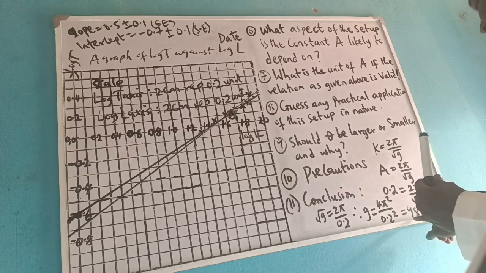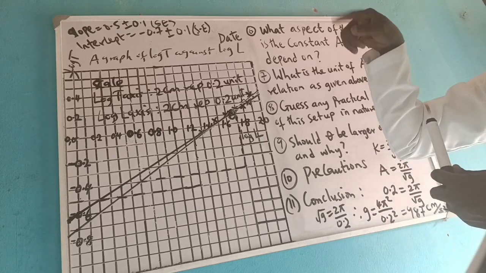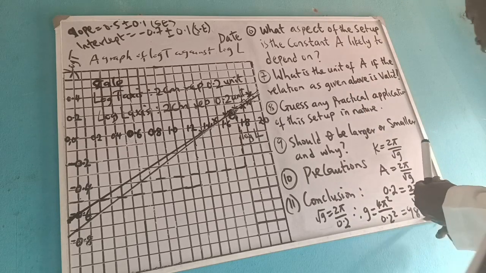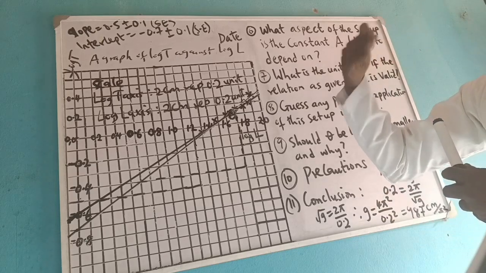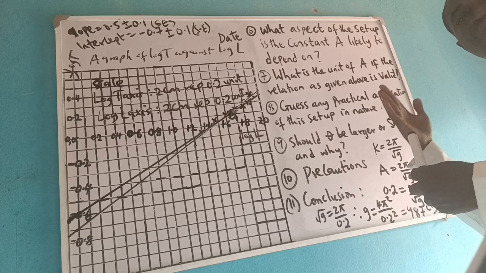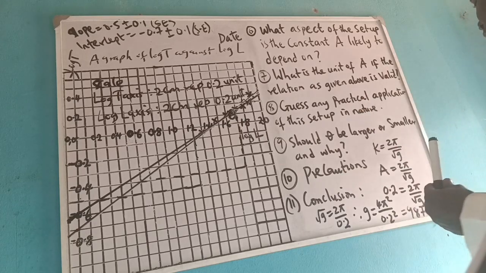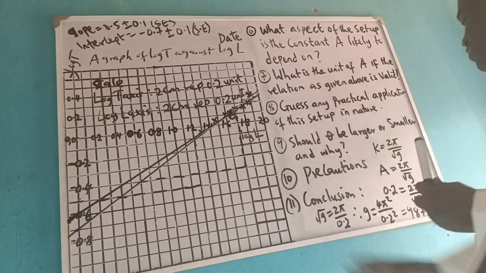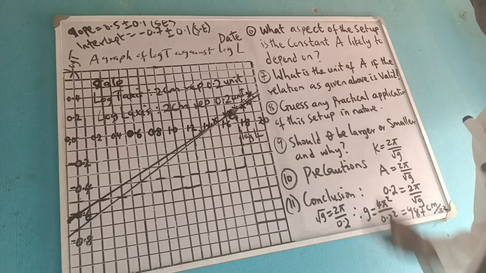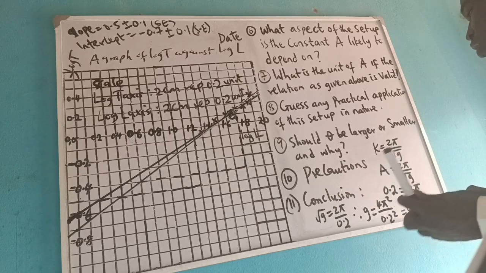So we are getting 987. If we had used 980 straight away, you would get about 1000 or 990, depending on the amount of approximation. So you can use this experiment to get acceleration due to gravity. Have that information in mind.